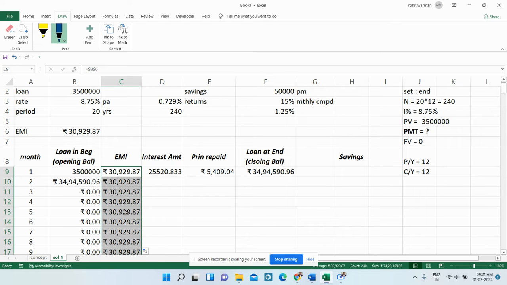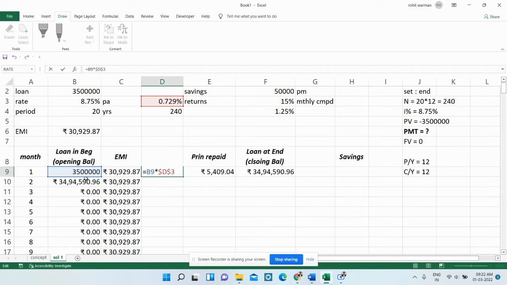Now this 30,929 is for every month, so you should get 30,929. Because see, you have to freeze it, right? You have to put a dollar sign. So if you put a dollar sign, then for the next 240 months you will get the same value. Same way for the interest.